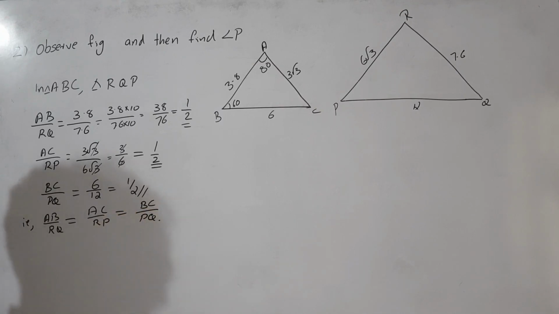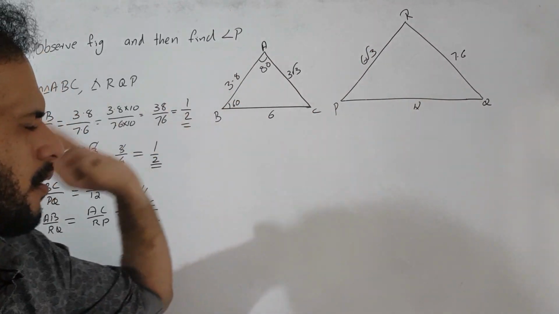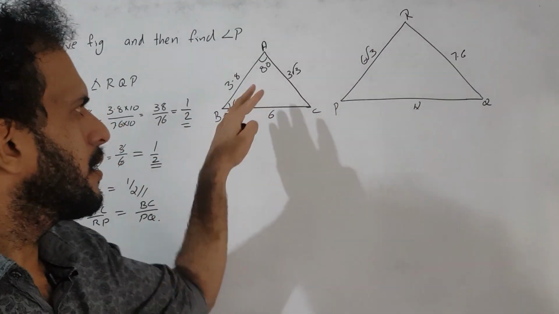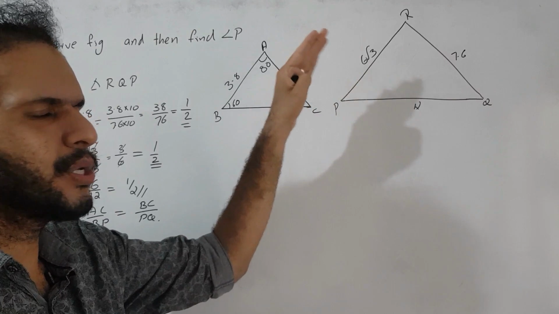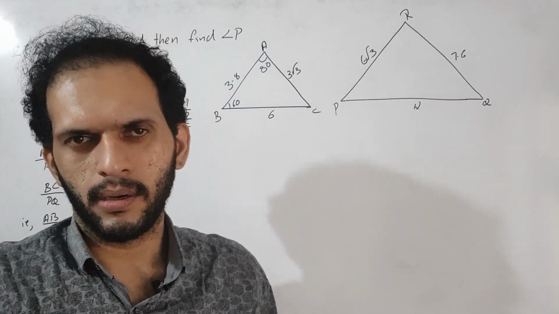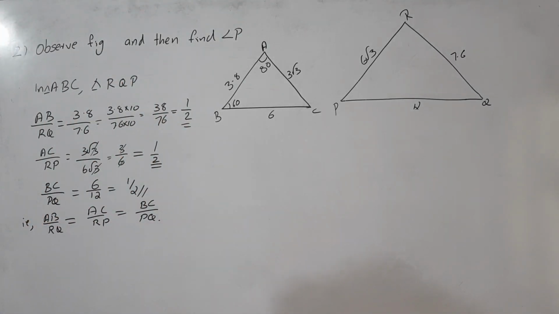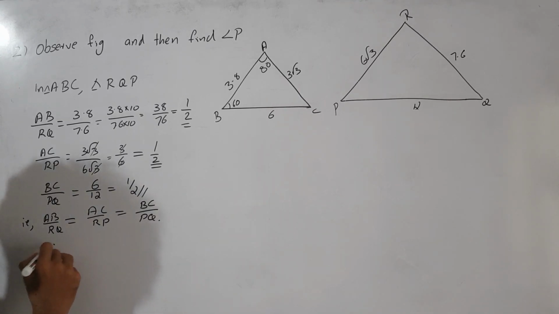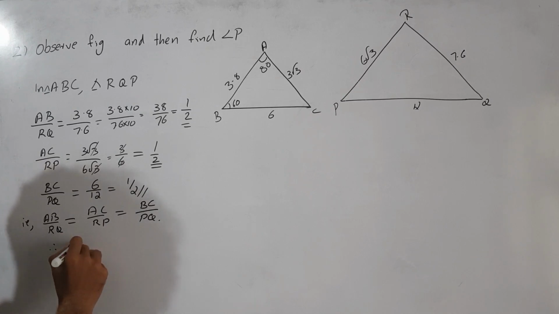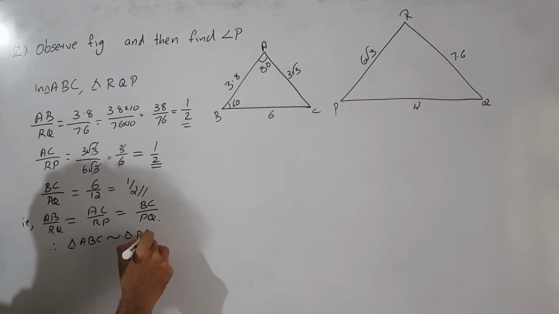Then what do we get? AB by RQ is equal to AC by RP is equal to BC by PQ. Correct? Now we got it. In these two triangles, the ratios of sides are equal, meaning the sides are proportional. So therefore triangle ABC is similar to triangle RQP.